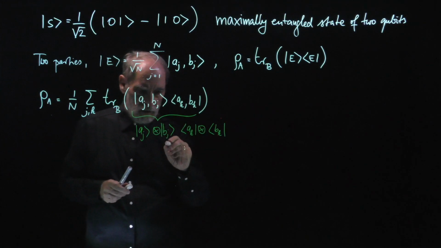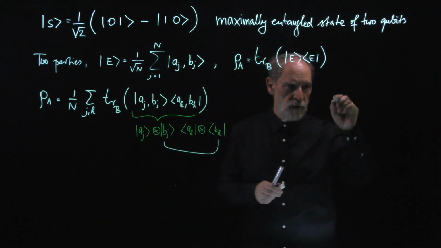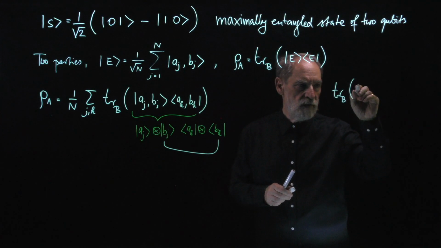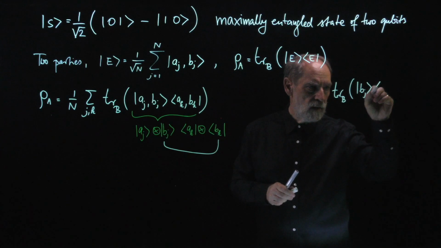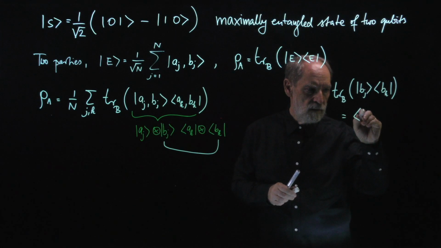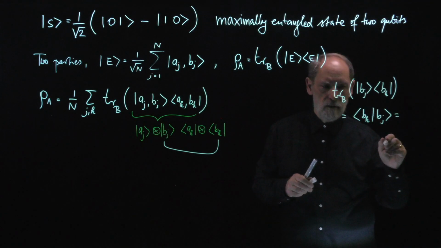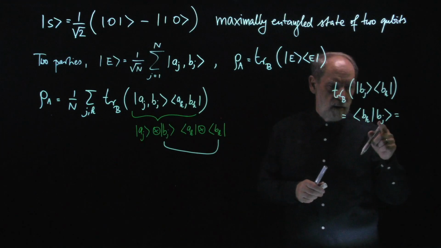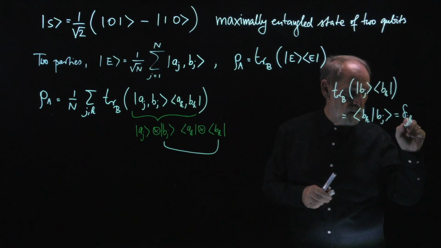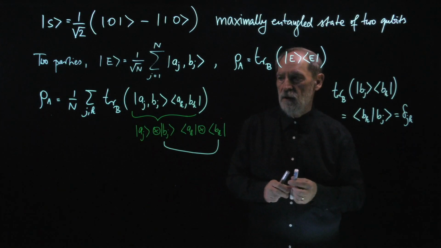And now the tracing is for this part. And so on my piece of scratch paper over here, I look at the trace, and this is only for the B part. And what I am tracing is bj and bk. And that is the bk bj bracket. And since these are kets and bras from an orthonormal basis, we will get delta jk, the Kronecker symbol that says it's 1 if the indices are the same, and is 0 in all other cases.